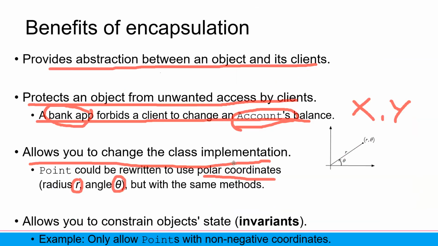So we can make another method to put this one into the implementation. And it allows you to constrain object state invariance. It means if I have the points, I want to have only points which are positive or non-negative. Then you can define the conditions.